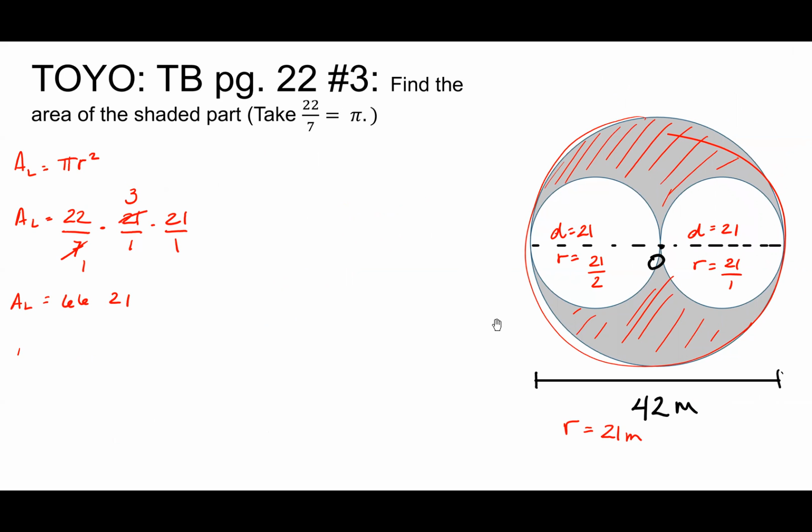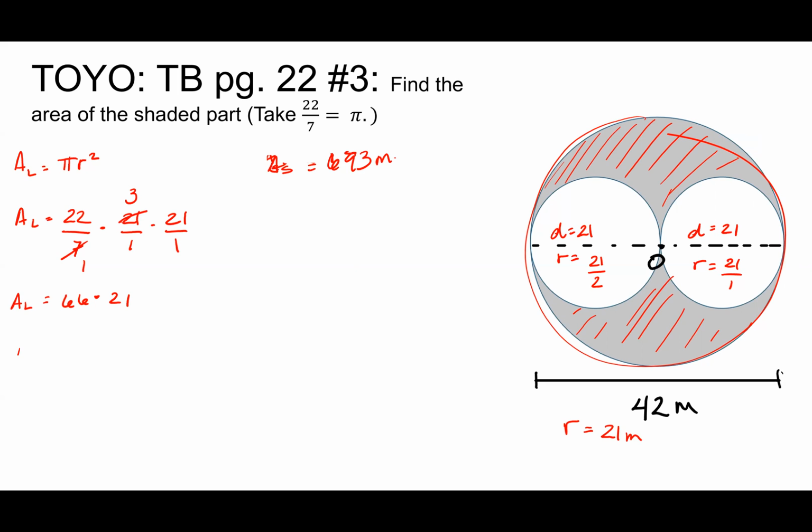Wow, well, hopefully you guys got that. I don't know what happened to it. All right, so the area of the small circles, 693 meters squared.